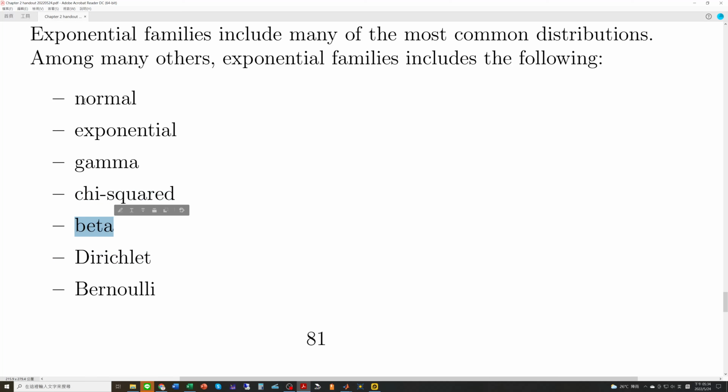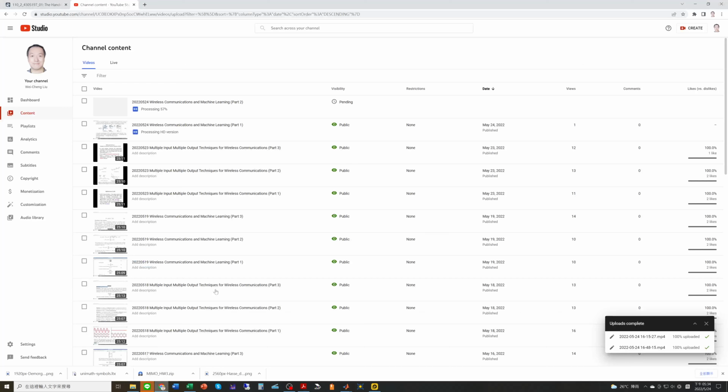I think you have already learned what these distributions are in the course probability. So if you forget them, please review the textbook of the course probability. Next, the Dirichlet distribution. What is this distribution?